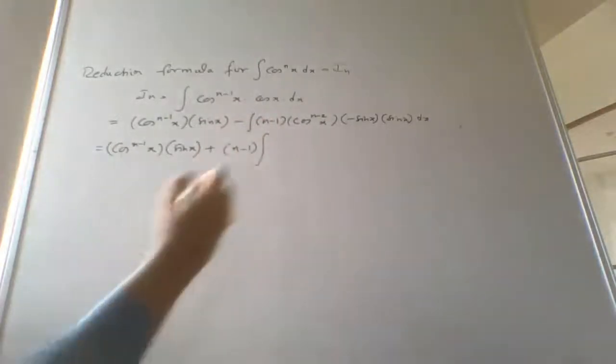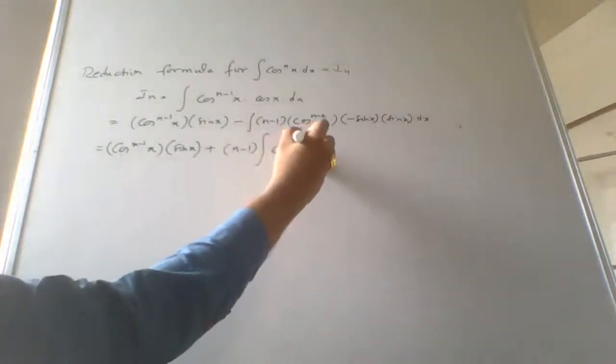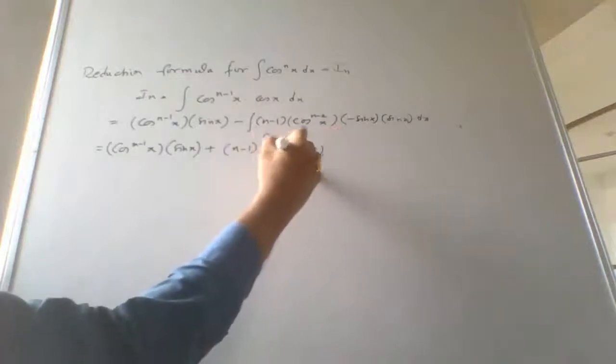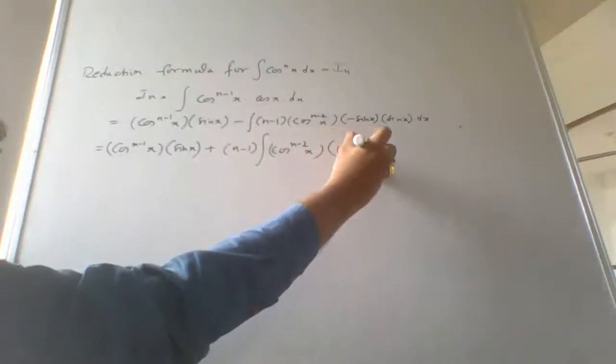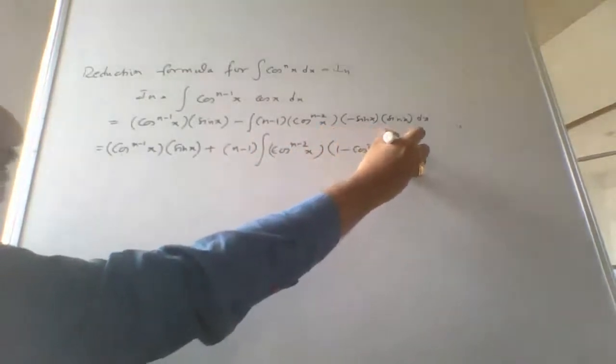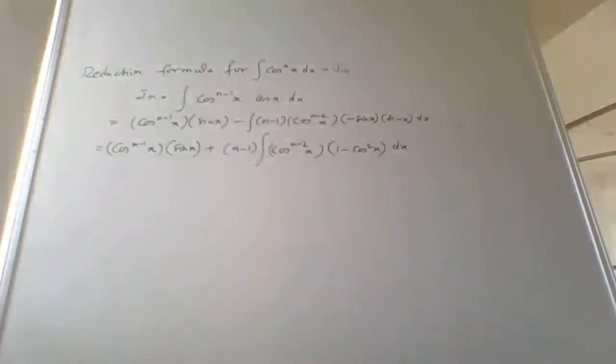So I'll have cos to the power of n minus 2 x into 1 minus cos square x dx. Fine. I hope you understood this.